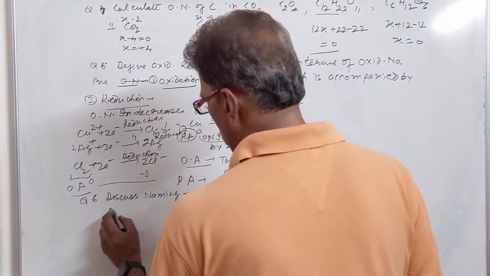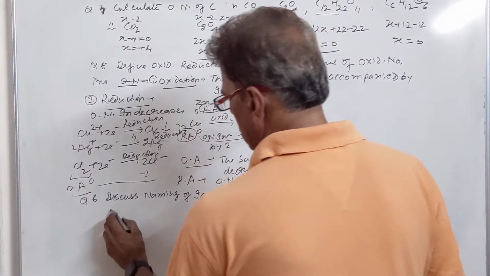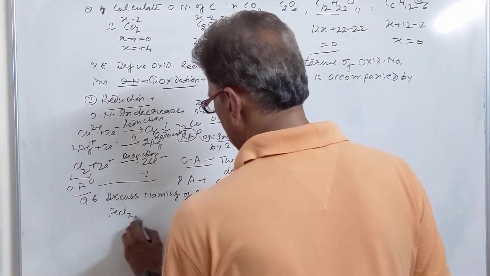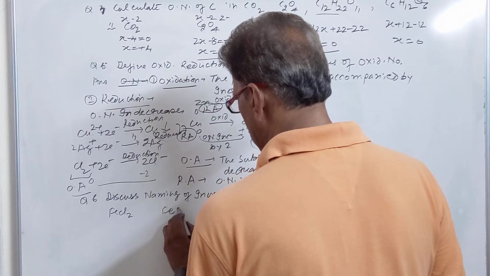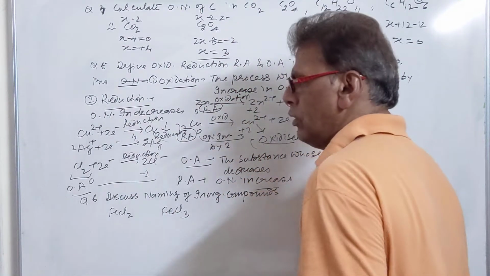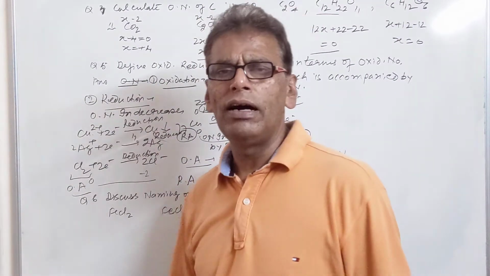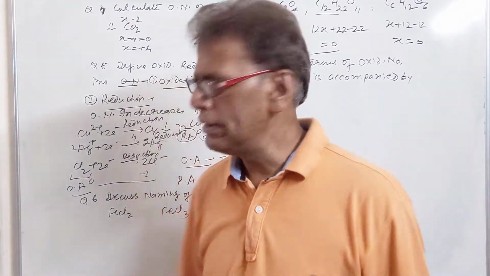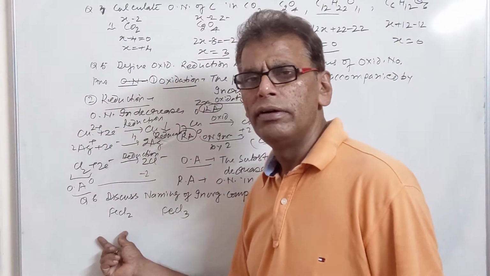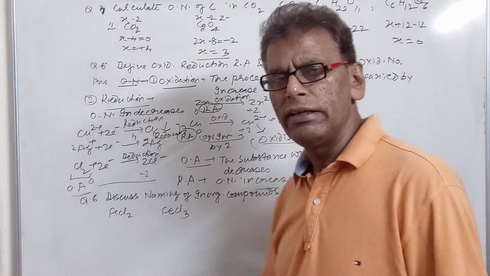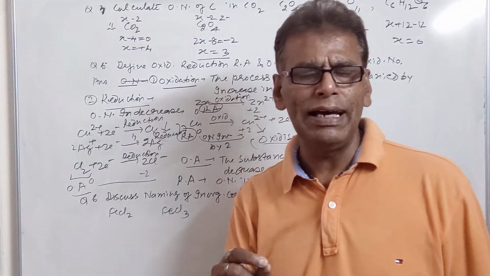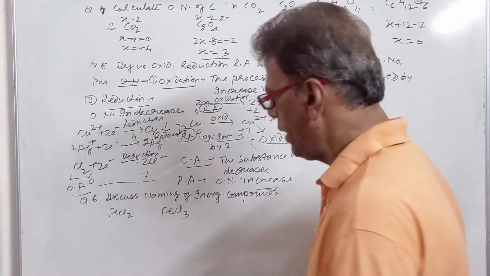Sometimes it has been observed that the same substance can exhibit two oxidation states in different compounds. So for the lower oxidation state, the name of the metal was ended with OUS. This is called ferrous chloride. For the higher oxidation state, the name of the metal was ended with IC, ferric chloride.